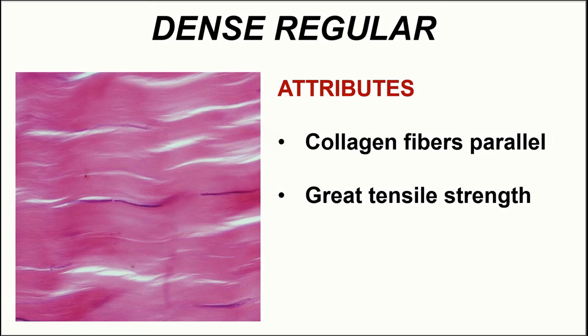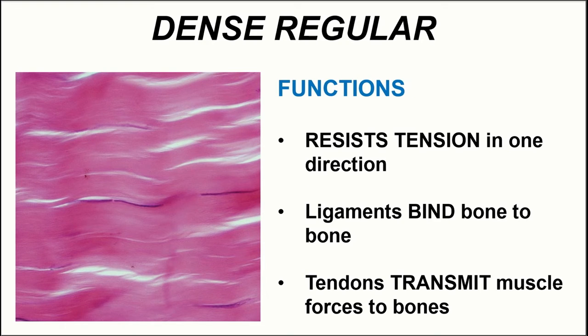So collagen is a really strong fibrous material in the body. So the dense regular connective tissue is able to resist tension in a single direction because of the regular arrangement of its collagen fibers.